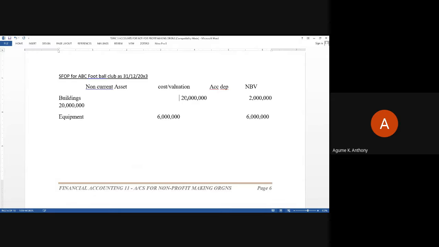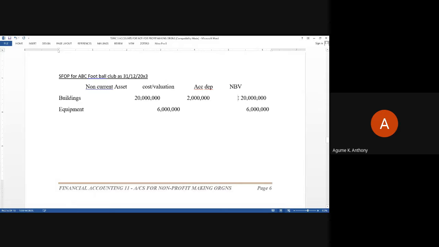Okay, accumulated is 2 million. And the net book value will no longer be 20, but now it is going to be 18 million. Then for equipment is 6. I remove depreciation of 300,000, then 5.7 as my net book value.